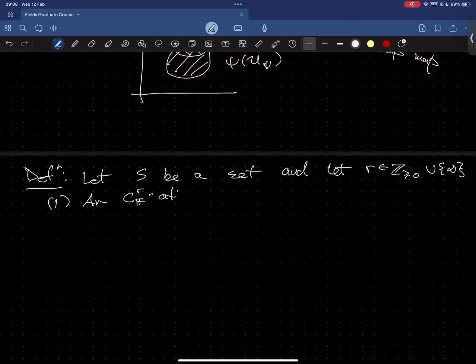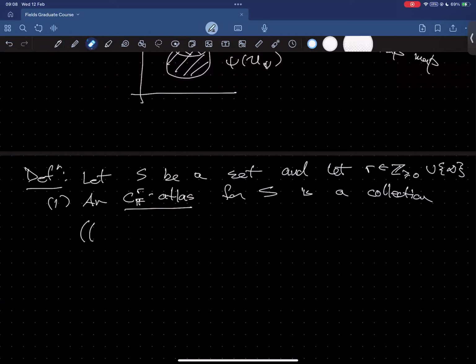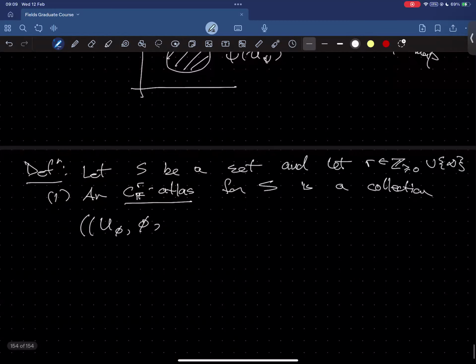So a C^R F atlas for S is a collection of charts, U, phi, and let me write that as script U.